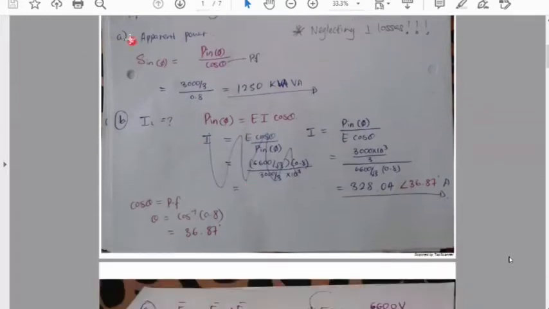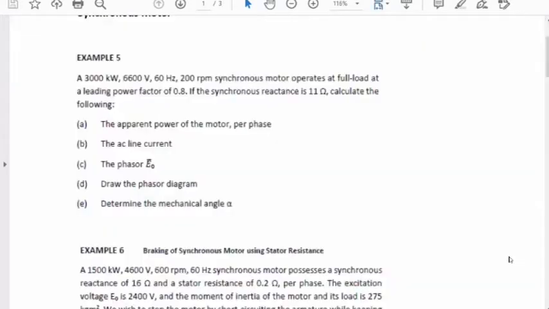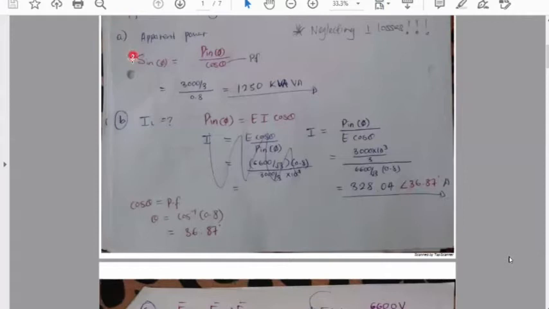Let's go on to the next one. So far, it's pretty simple. B says calculate the AC line current. So I denote it with I and a subscript L, and that's what I want. I know that the input power per phase is equal to E times I times cos of theta.